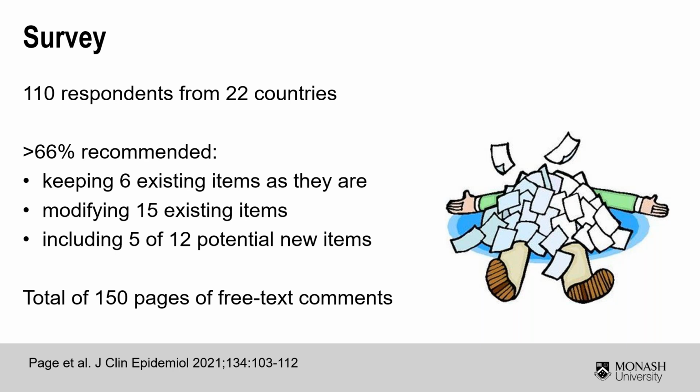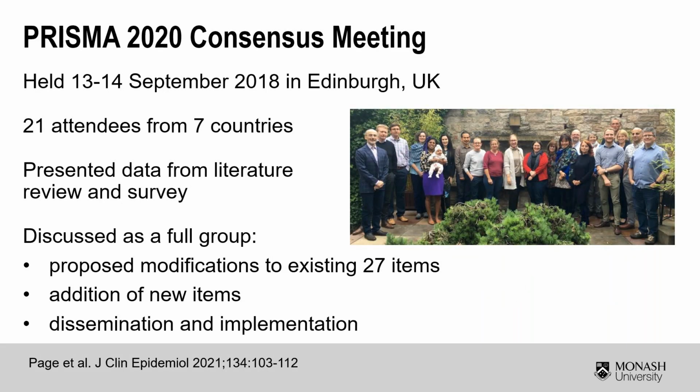comments, which was very useful to lead into the next step, which was a consensus meeting in which we discussed the findings of the survey and the literature review. So we held this consensus meeting from 13 to 14 September in 2018, just prior to the Cochrane colloquium in Edinburgh.